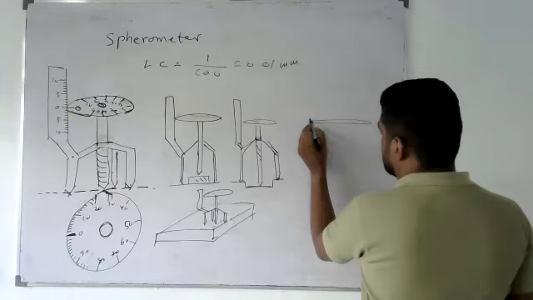Right. This disc is here, and now it has moved. Right. So this is 32. So what is this reading now? 1.22 millimeter.